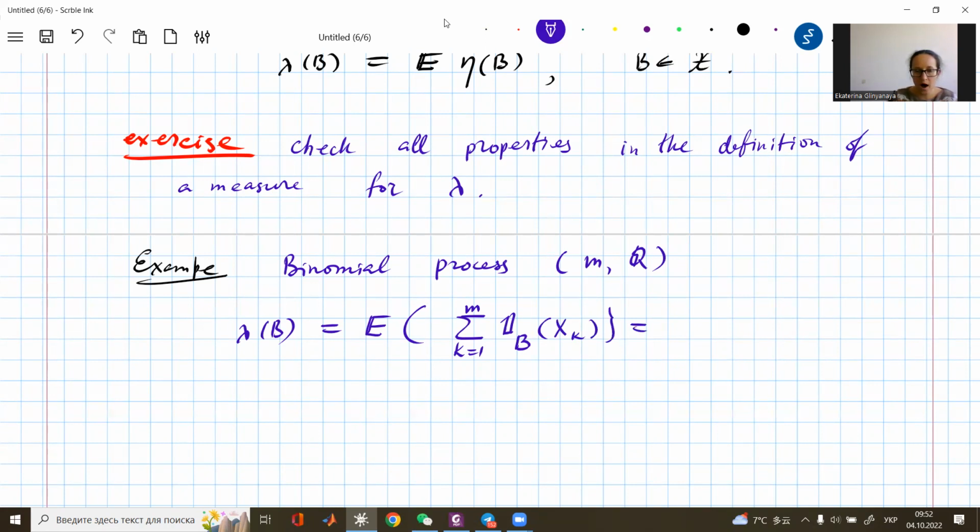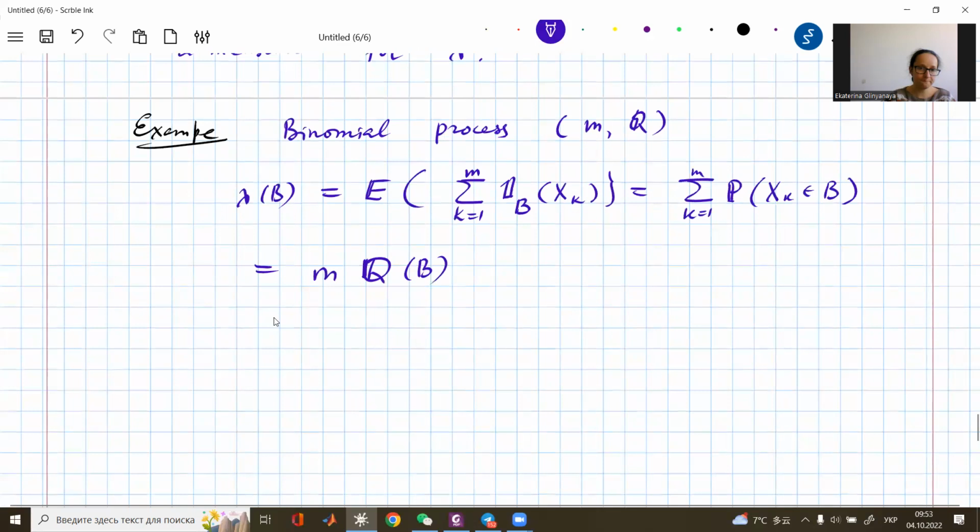So I change the order, and this is the sum of probabilities that x_k belongs to B. And since I have this probability measure for the distribution of x, and I have m, this is the intensity measure of the binomial process. Okay.